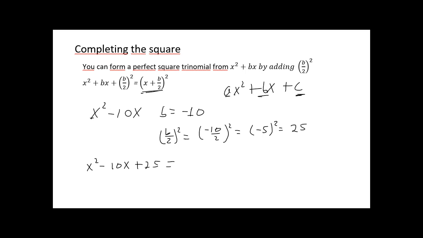Remember, this will be equal to the square root of the first term, which is x, and the square root of the last term, which is 5, all of this to the second power. But which sign am I going to use? I'm going to use the middle sign. Always I'm going to use the sign I have next to b. Because it's negative, we're going to write negative.